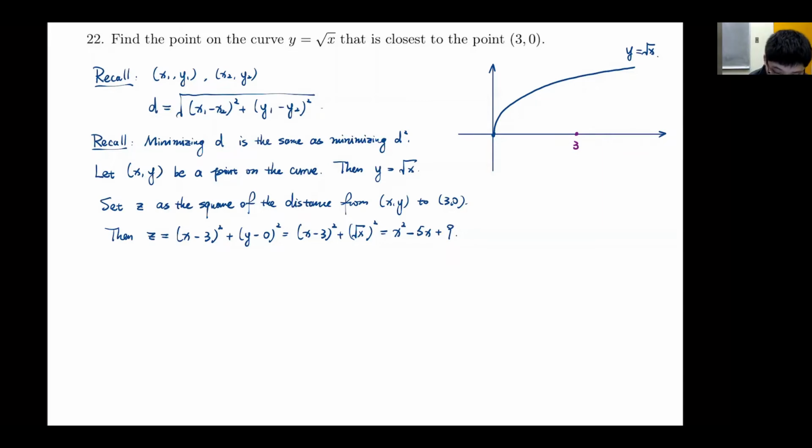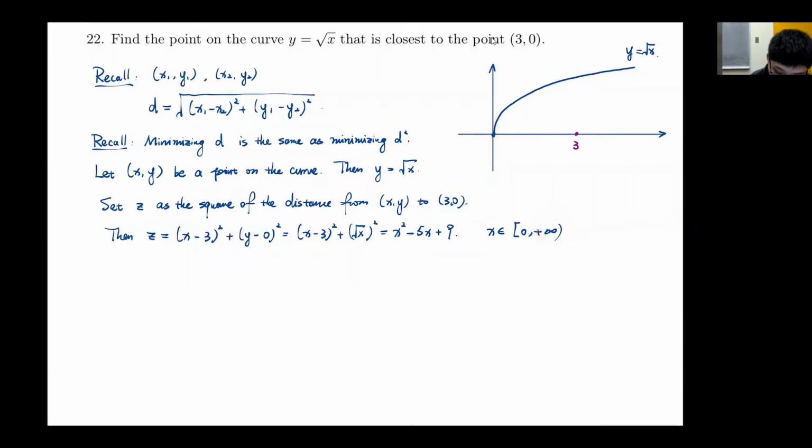We wish to minimize this function, with the restriction that x is in 0 to infinity, because my point (x, y) can be anywhere on this curve. The smallest possible x coordinate we can get is 0, namely the left endpoint of this curve, and the x coordinate can be as large as you want. That's how I get my domain.